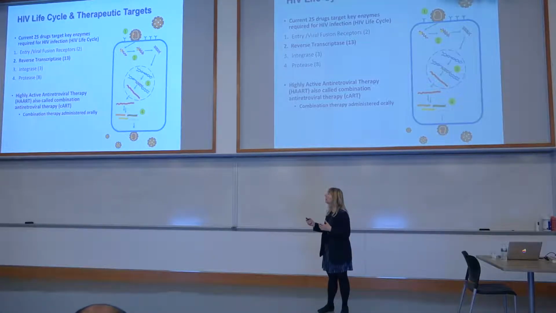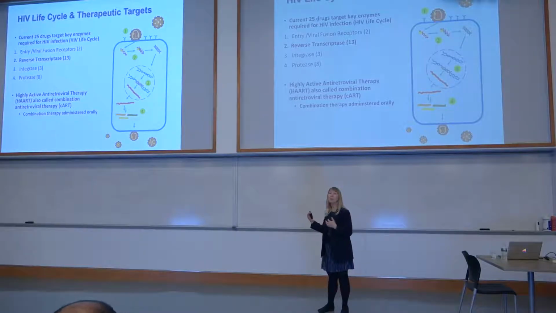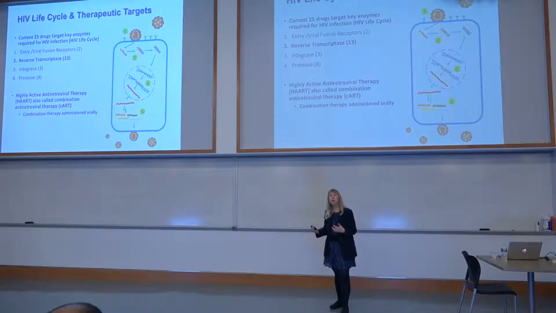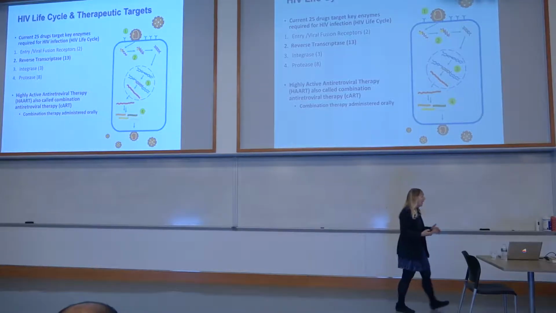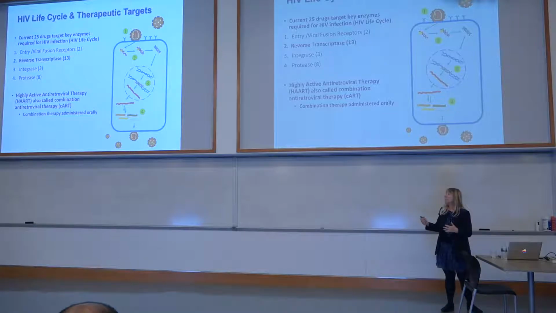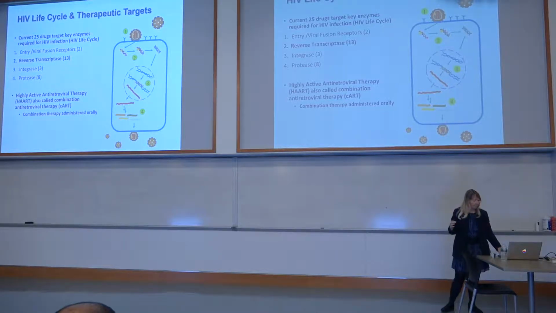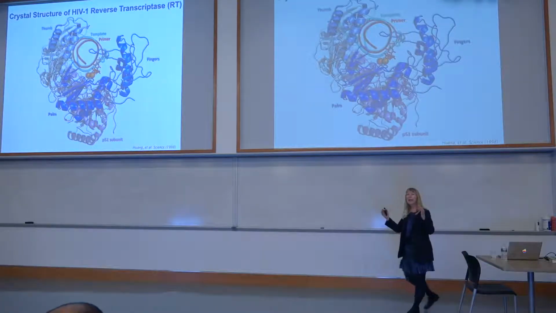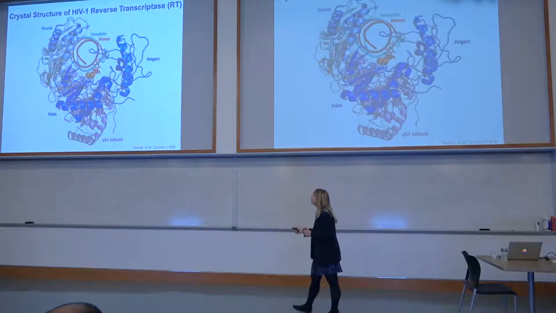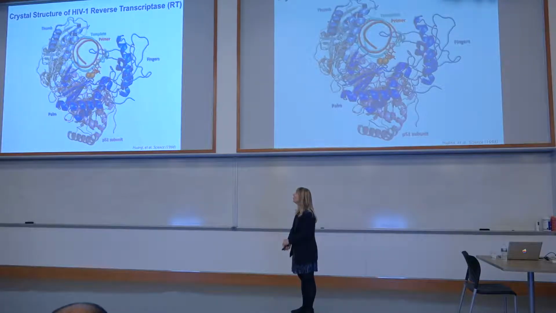Combination therapy is usually administered orally, and as I mentioned, the individual needs to take therapy every day for the rest of their lives. Now, to go to the molecular level, if we talk about reverse transcriptase in a structural sense, this is a three-dimensional structure of reverse transcriptase.